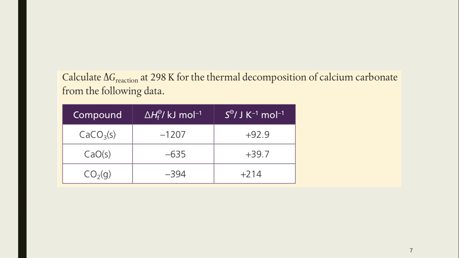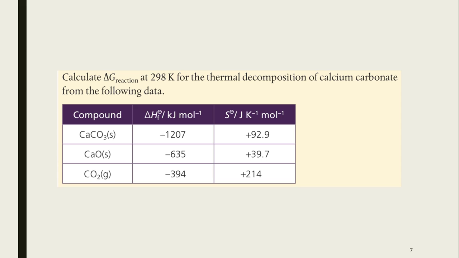Okay, here's another example. Calculate delta G at 298 Kelvin for the thermal decomposition of calcium carbonate from the following data. We are given all of our compounds, and we are given the enthalpy of formation values as well as the entropy values.